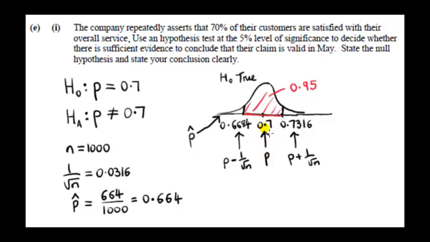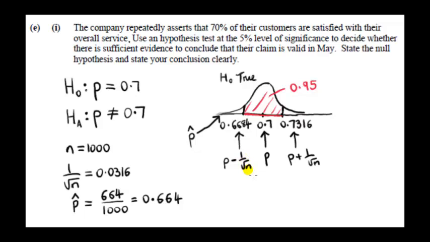Normally we don't know what p is, and you could say we don't know what it is here either, but we're hypothesizing that p is 0.7, so we're assuming that p is equal to 0.7. We also saw previously that approximately 95% of all the sample proportions, that is all these values along this red line, lie within 1 over root n of p, where n is the sample size.